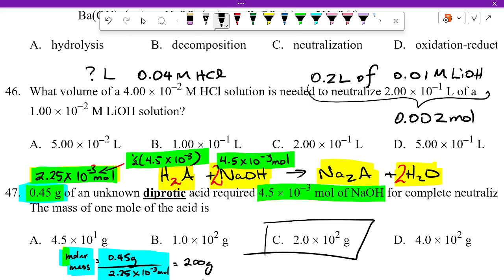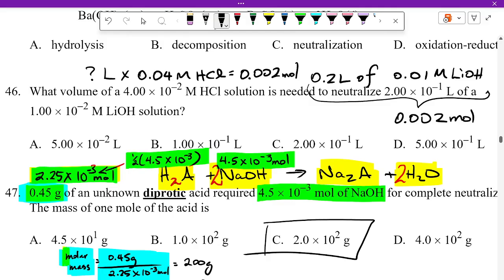Yes? Okay, so I need some amount of liters times 0.04 molar to give me 0.002 moles.